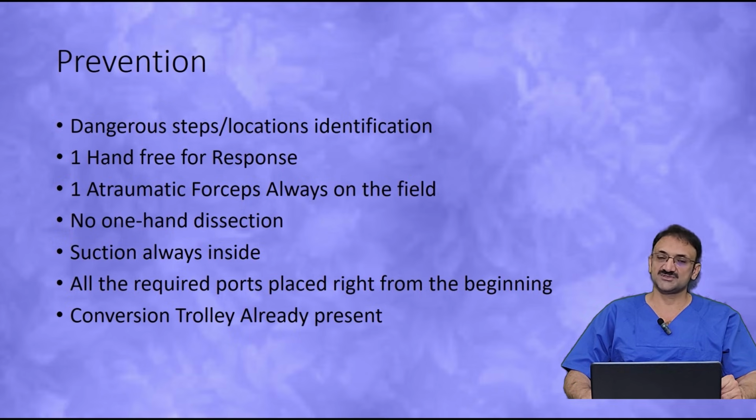It can be used as a bipolar diathermy, and it is so fine that it can be used for dissection as well. You can see that in my videos. So one atraumatic forceps must always be on the field, so that if there is injury to the vessel, it should be immediately grabbed with that, because if you are grabbing it with a traumatic forceps, the injury may increase and the problems will increase definitely.